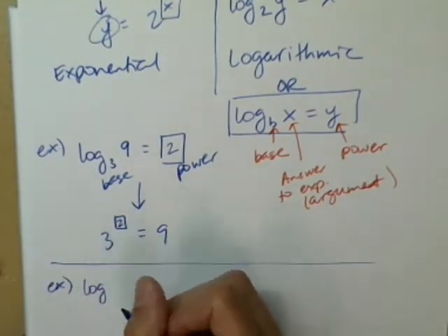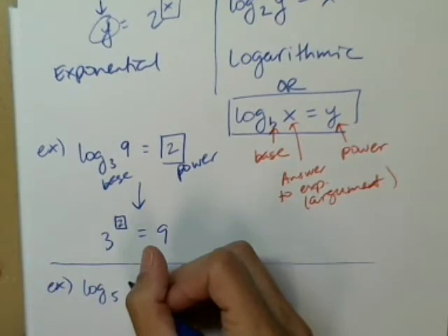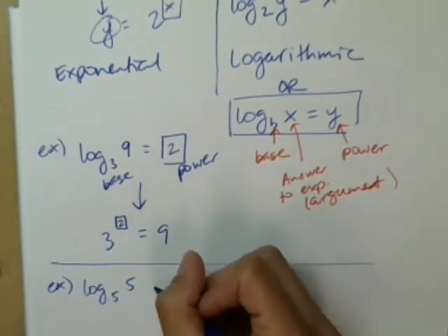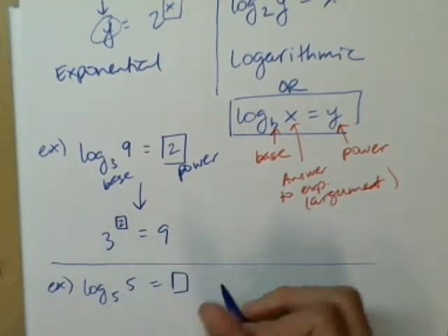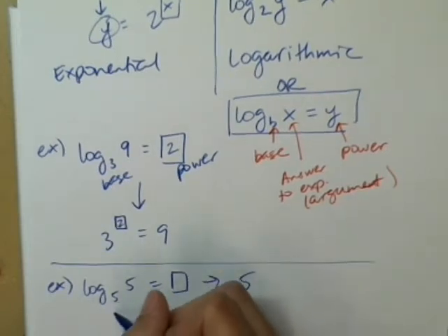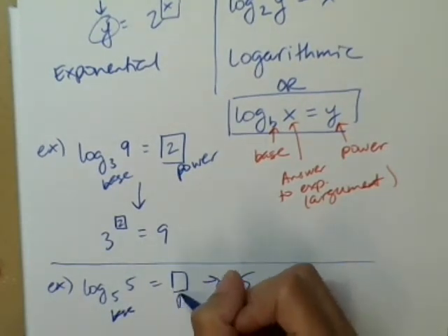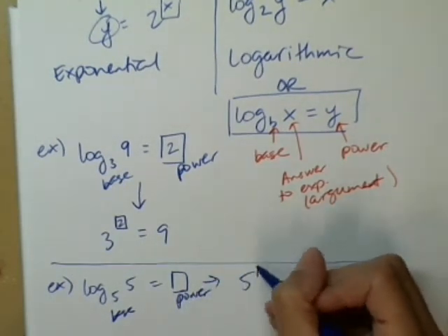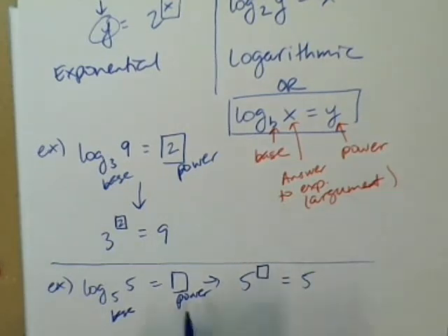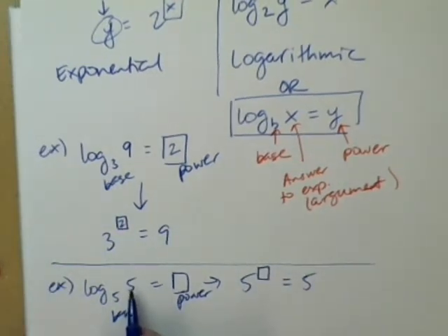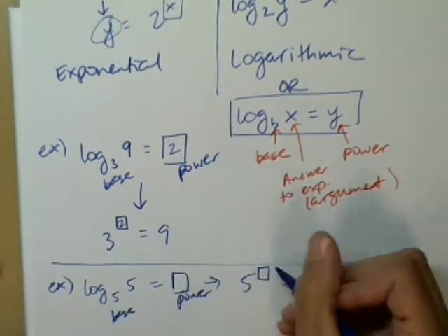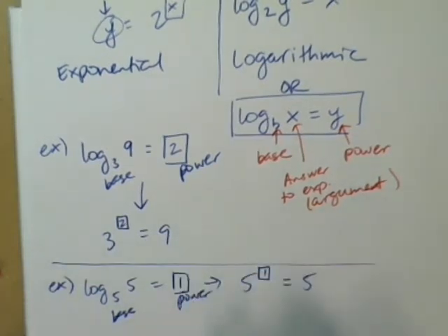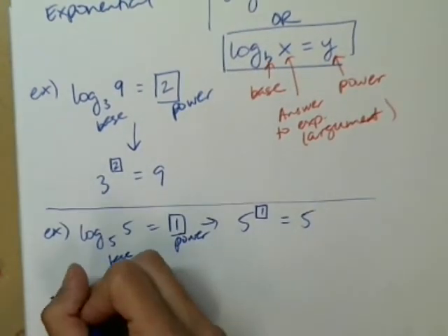If we do a log base 5 of 5, this says 5, so that's my base, to what power? So 5 to what power equals 5? So that's the answer to the exponential. Well, that's just the power 1. So my answer is 1.